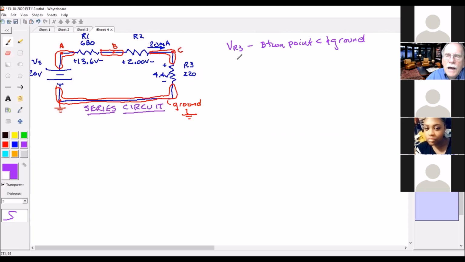So I could write it as V sub CG, maybe, but what happens if I have a big circuit and there's already a point G in the circuit?